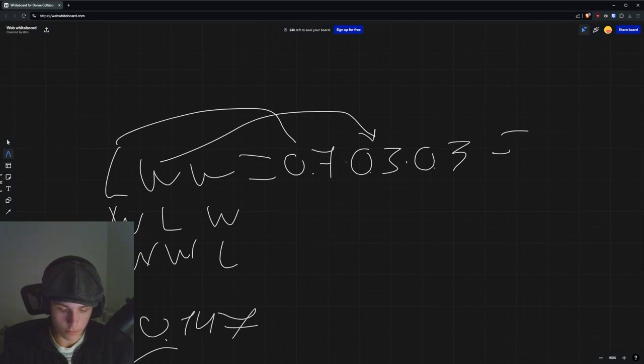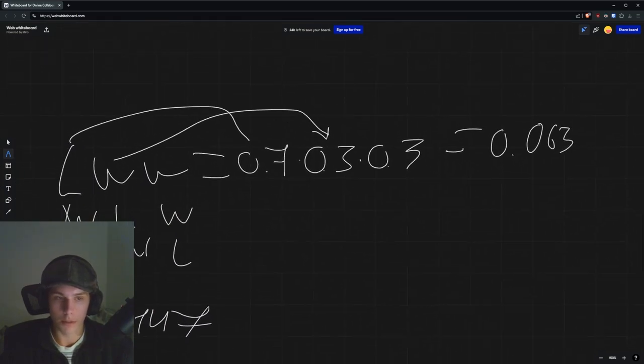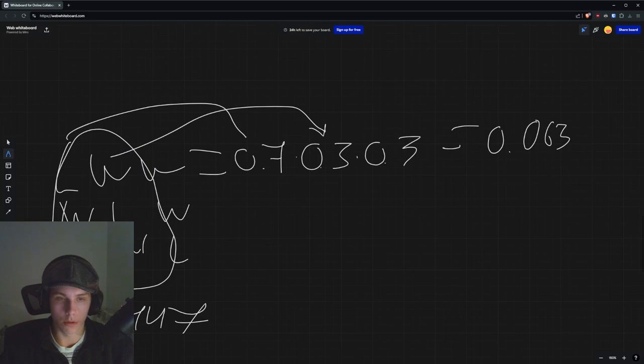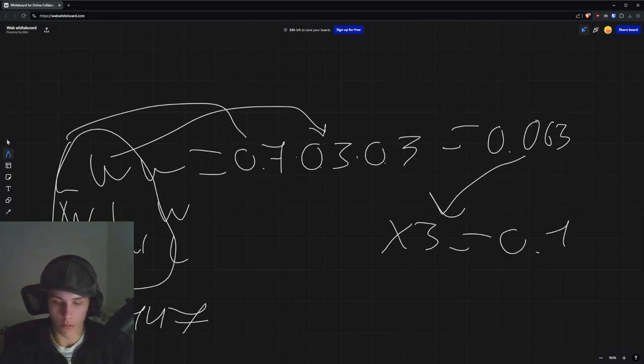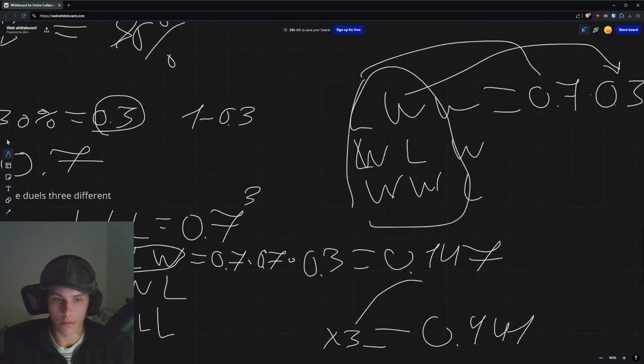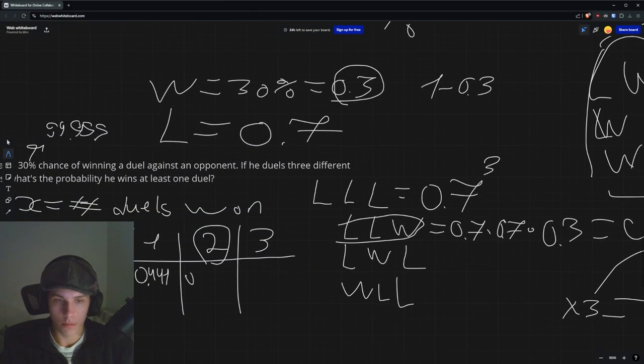This gives us 0.063. Same scenario, there are only 3 possible combinations, so we just times it by 3. That gives us 0.189.